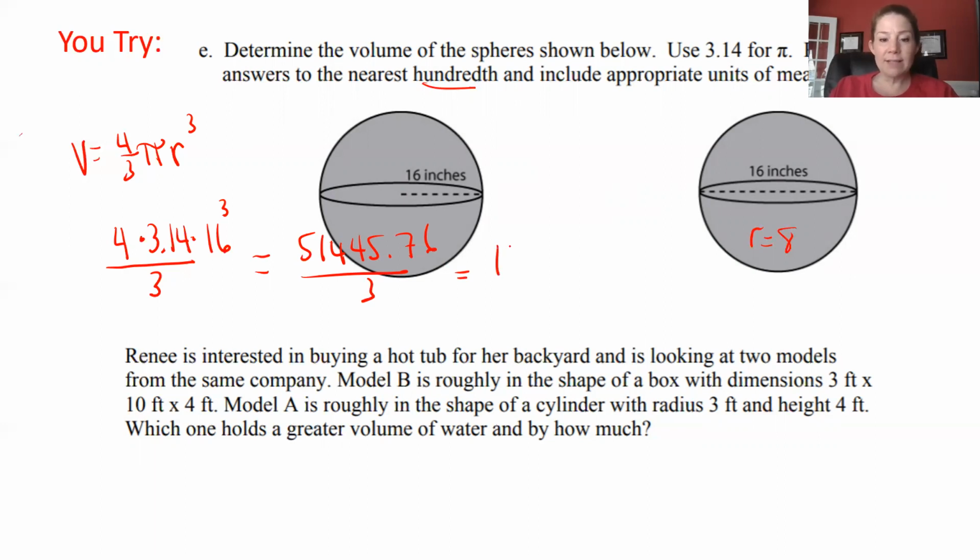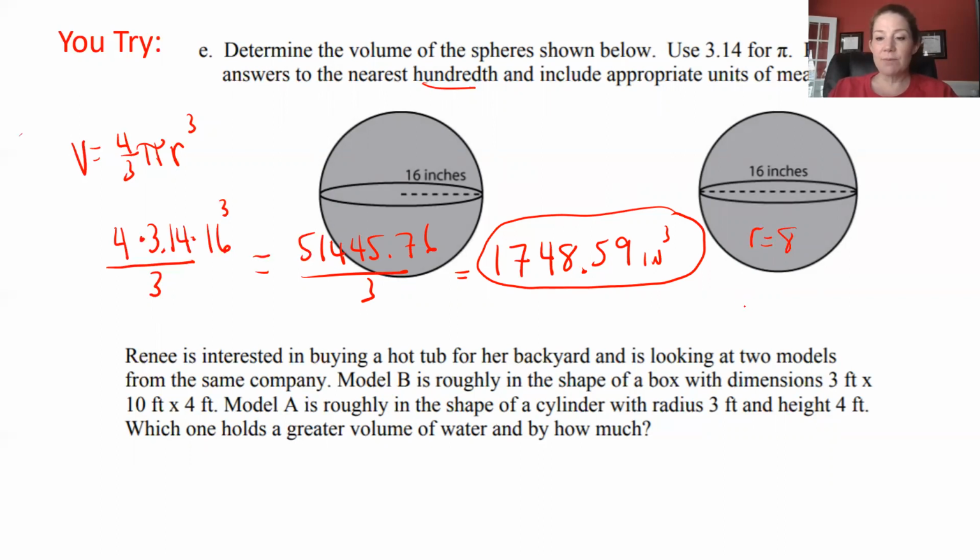And we have 1,748 to the hundredths would be 5.9 cubic inches. All right, well, this diameter is half of this one. So do you think our answer will be half of this one? Let's see.